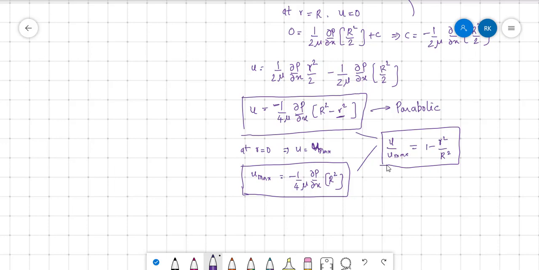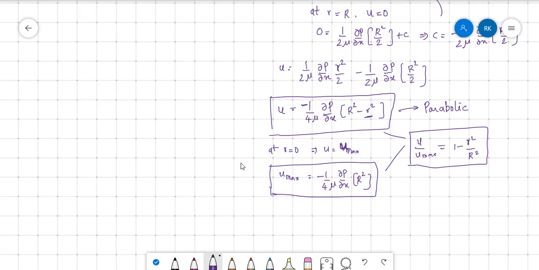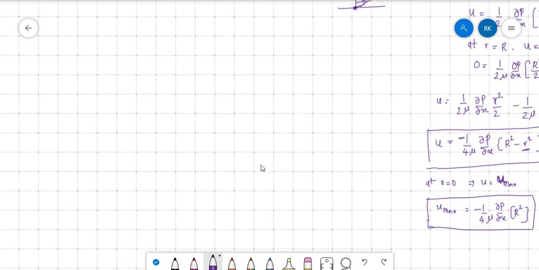And what about the average velocity? In order to find average velocity, we can take help of discharge. So what is discharge? Discharge is equal to cross-sectional area into average velocity. This is the discharge. But also we can find that in another way. Integration of u dAc also gives us discharge.